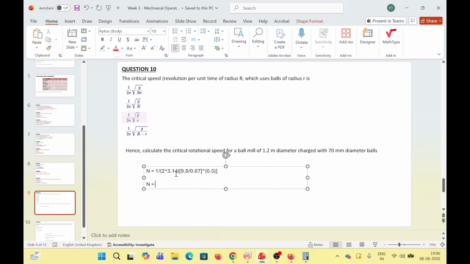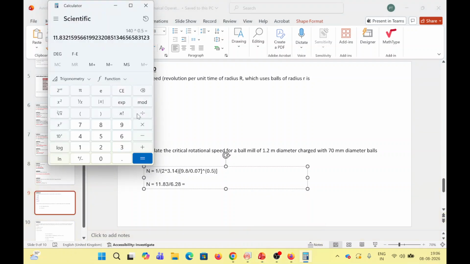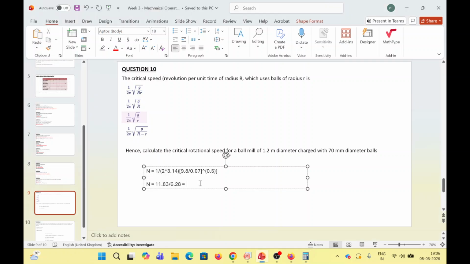So n is going to be 11.83 by 6.28, which will be nothing but 1.88 revolutions per second.